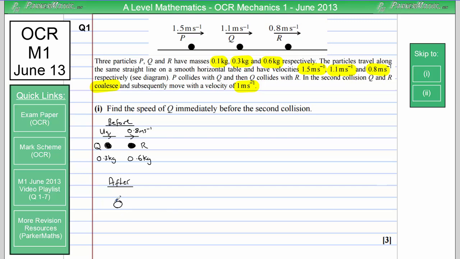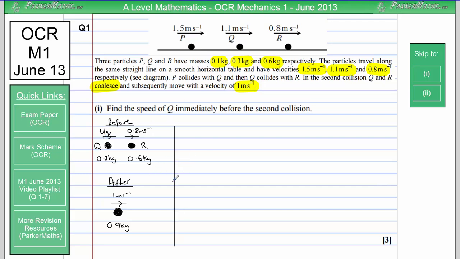After the collision, we know they coalesce. That means that they move together as one particle, and that particle will have mass 0.9 kilograms, and it tells us the velocity of that particle is 1 meter per second. So here we only have one unknown, which is UQ, the thing that we want to find.